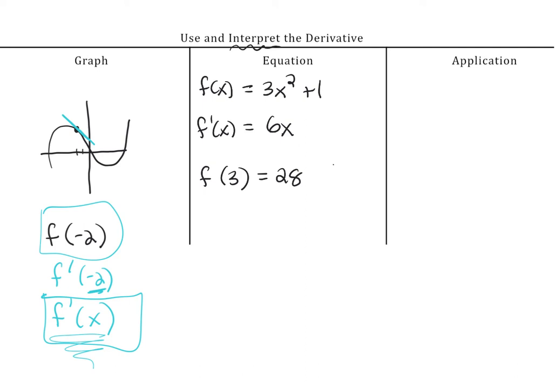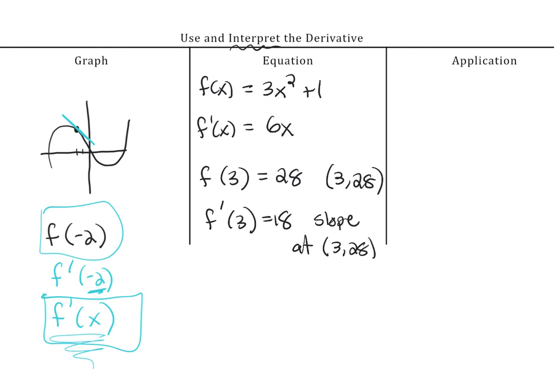That is the point on a function, the position (3, 28). If we have the derivative at 3, let's say that equals 18. That is the slope of the curve, the slope of the tangent at that point. So the slope at (3, 28) is 18.